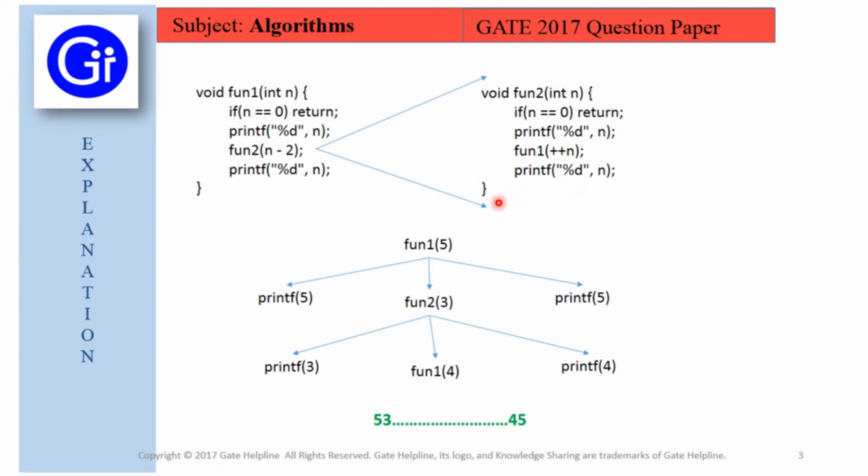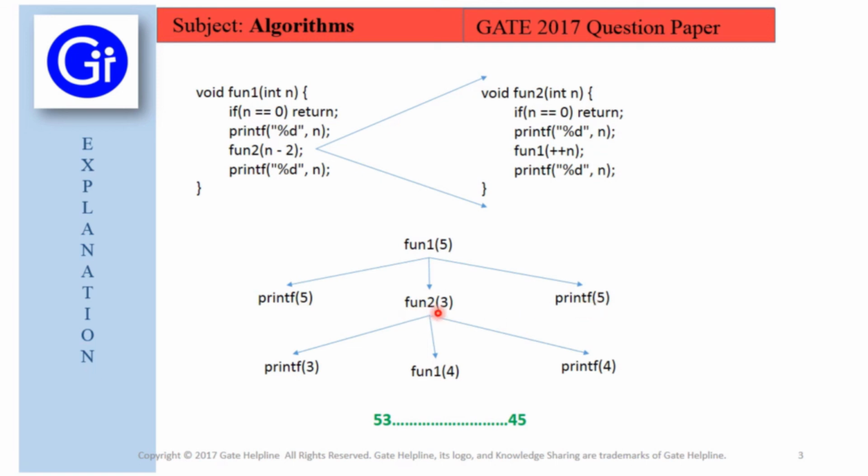So now we will see this with the help of the value of n as 5. So here we have function 1 with a parameter value of 5. When we run, it will print the value of n as 5, then call function 2 with 3, then there is a print statement of 5. So it's clear that the starting value and the end digit in the output are going to be 5 and 5 only.